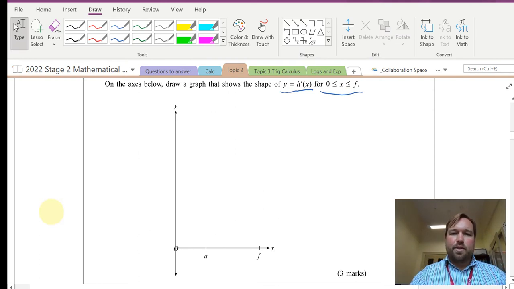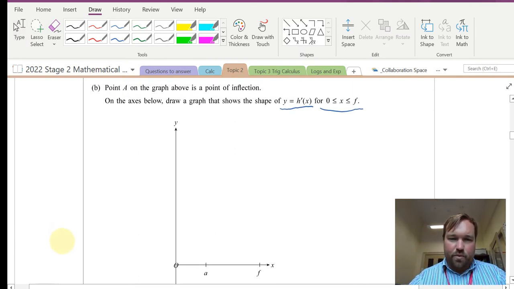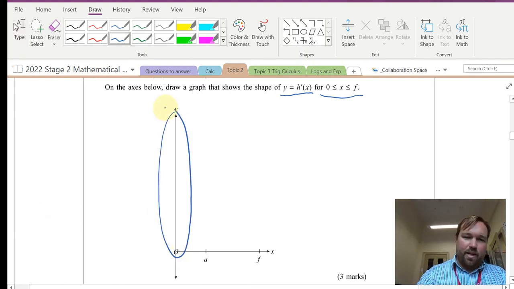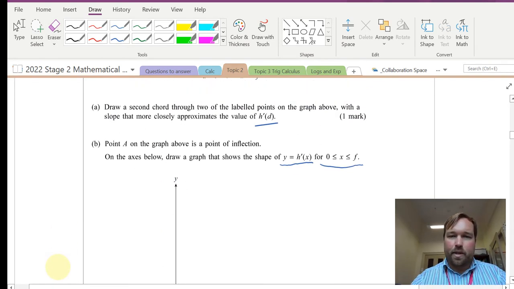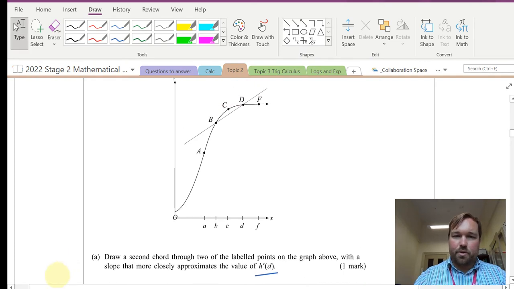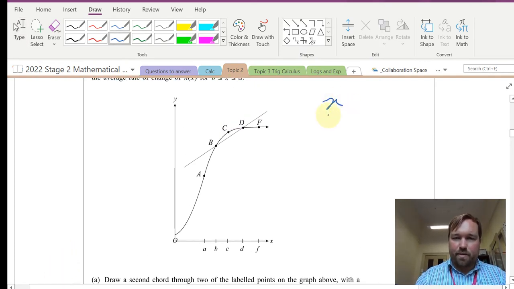Alright, so first one of drawing derivatives. Now, if you're drawing derivatives and there's no scale here, everyone's answer is going to be slightly similar, but also slightly different. The important thing is to get the key features the same. One way to get the key features the same is I would draw a graph of x values.